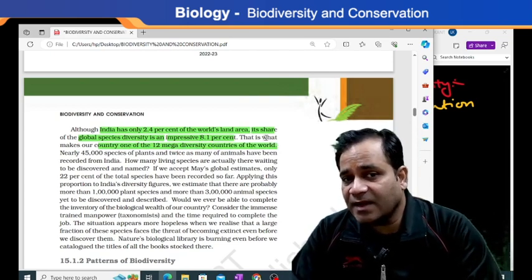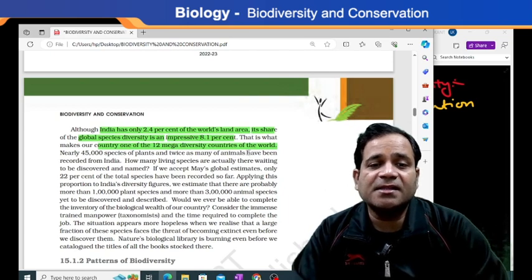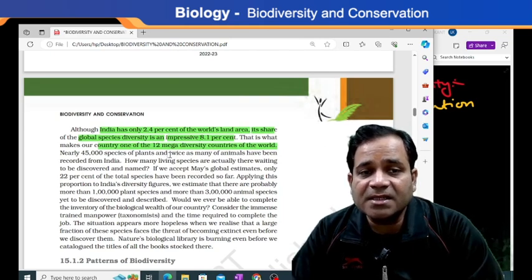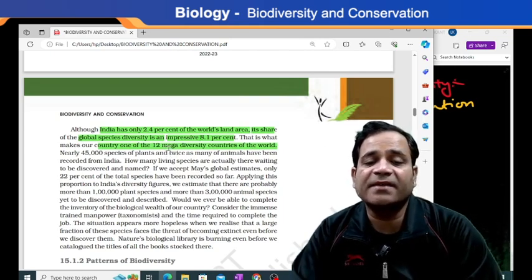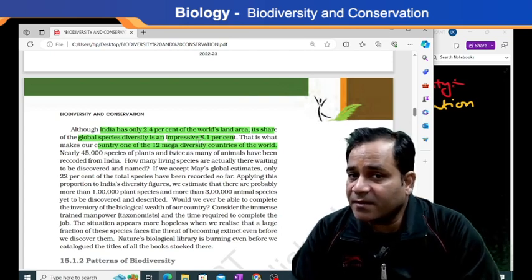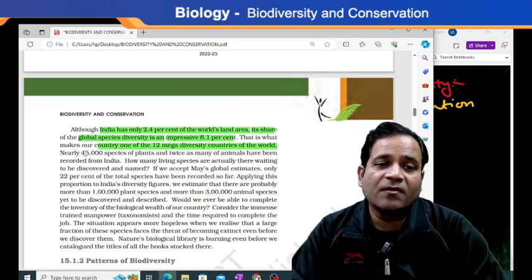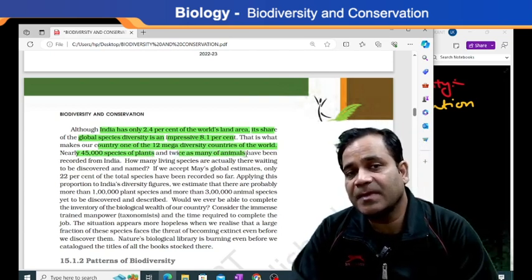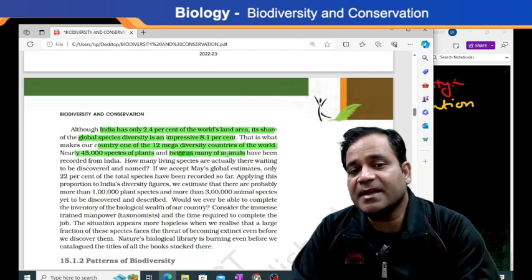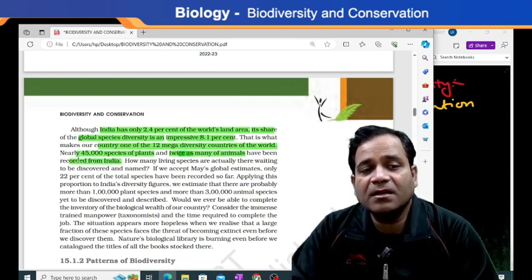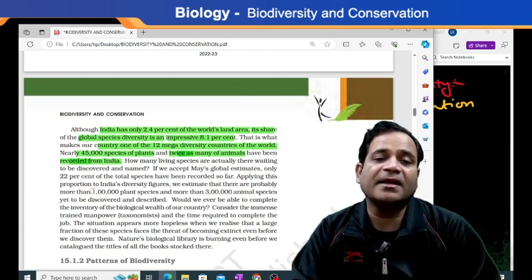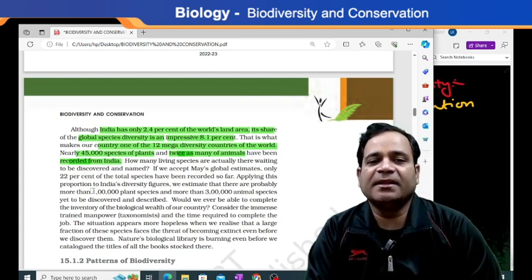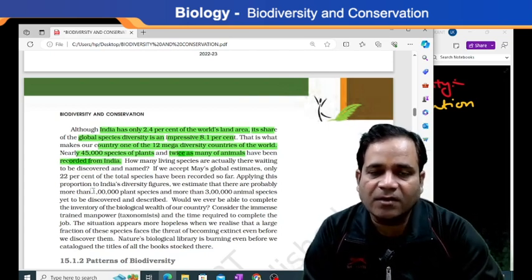If anybody asks you how many mega diversity countries India is among, 12. Nearly 45,000 species of plants and twice as many animals have been recorded from India. So mostly the global species diversity is found in India, my dear.